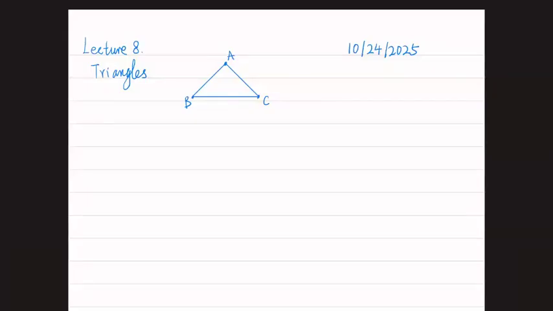So we have three interior angles, A, B, C. Another way to draw this, we use three lines. This will be the three interior angles and three exterior angles.